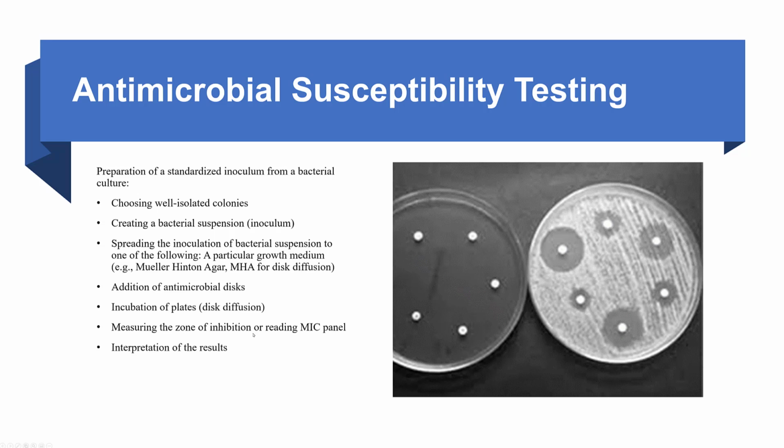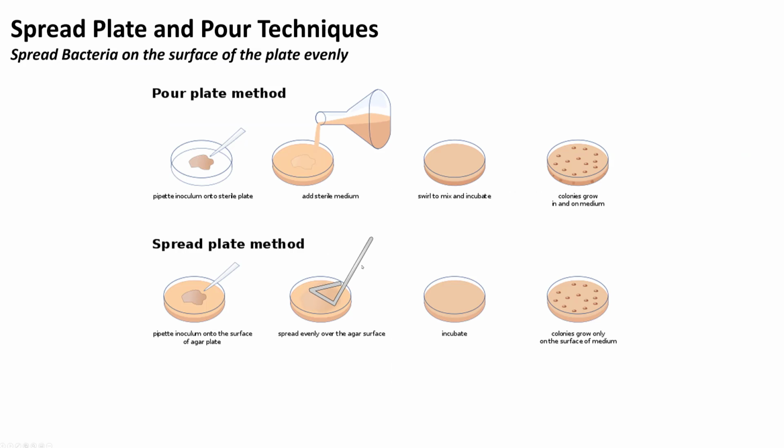So we measure the zone of inhibition, we read the panel, in other words what's the criteria for resistance and sensitivity, and then you interpret the results. And that's one aspect of what a clinical microbiologist will do, and it's really straightforward. It's not hard to do, but it's very, very important, and getting these results out is key.